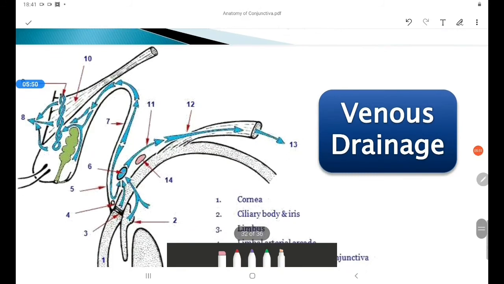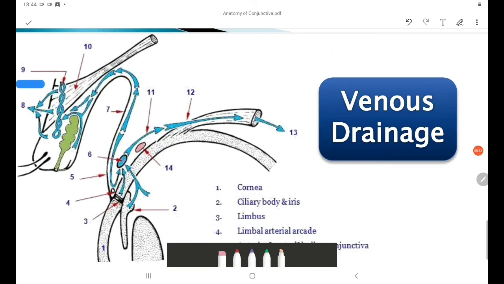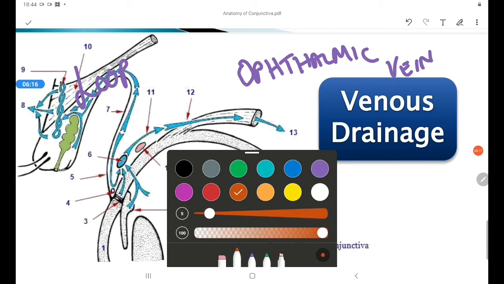Now the venous drainage. It's simple, you can remember that everything drains into the ophthalmic vein. There is a loop at the levator palpebrae superioris.